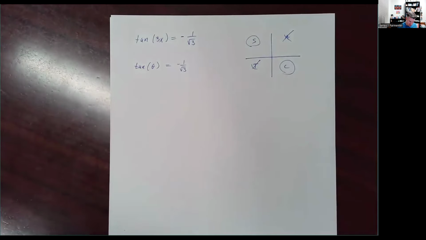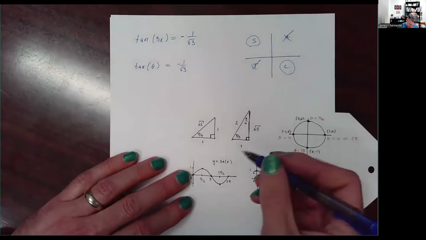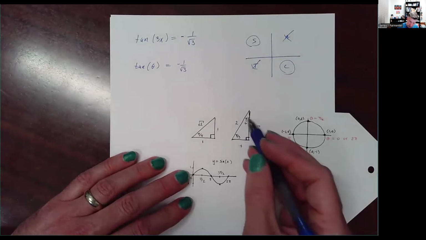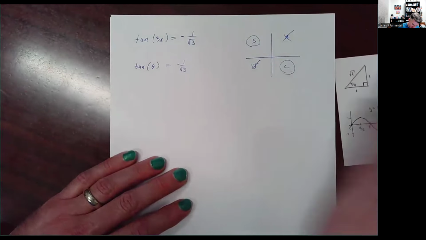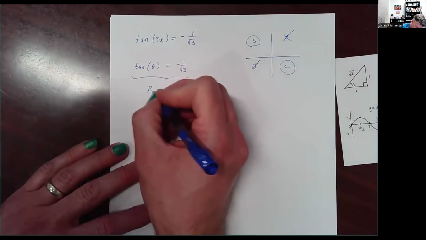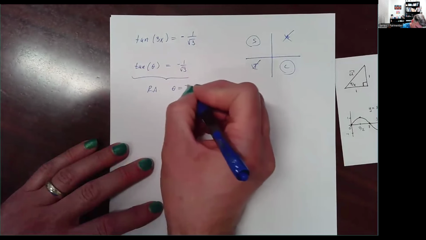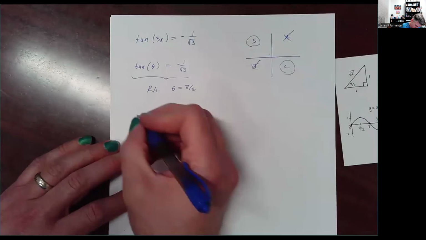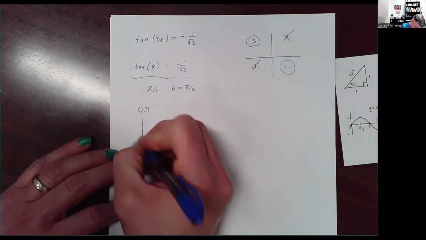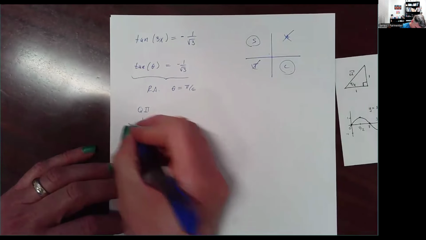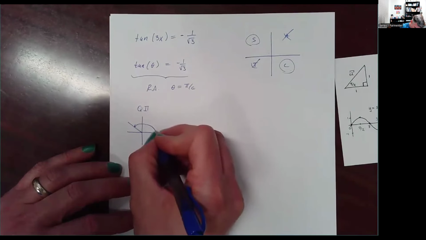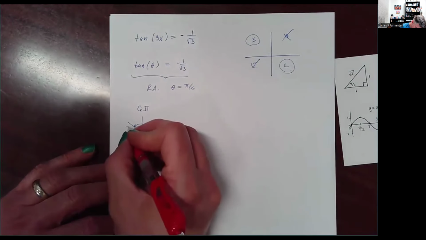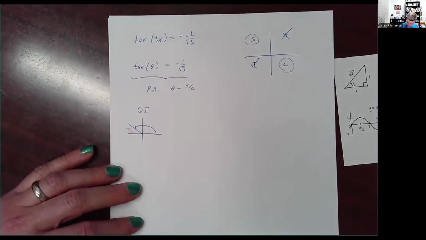We know that we want a reference angle of, well, if we're looking for 1 over root 3, we want the angle to be pi over 6. So our reference angle for this is theta equal to pi over 6. The angle that we're looking for in quadrant 2 is 5 pi over 6 because it's literally pi minus pi over 6.